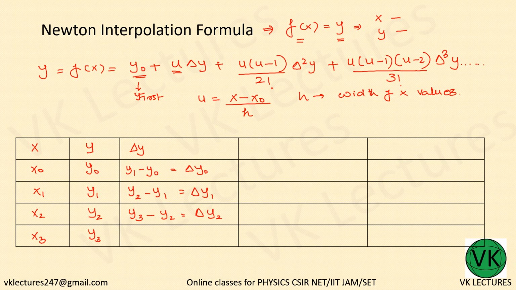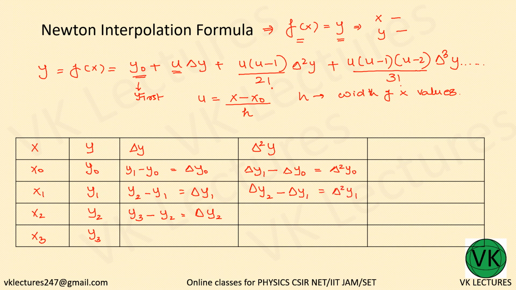Now we have the second difference, that is delta square y. It is given by delta y1 minus delta y naught, that's equal to delta square y naught. Here we have delta y2 minus delta y1 equal to delta square y1.